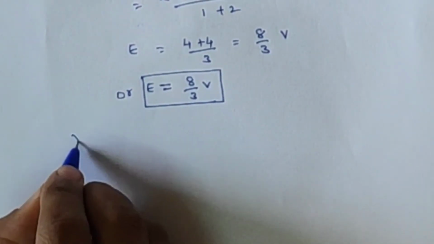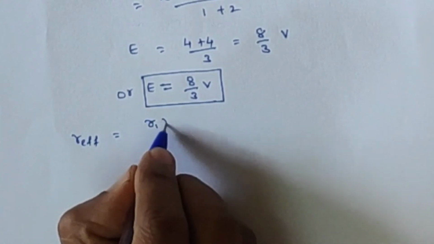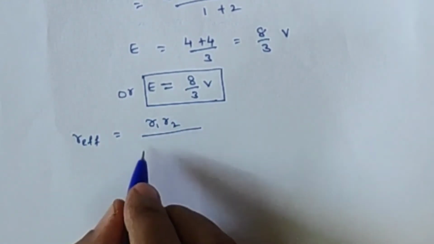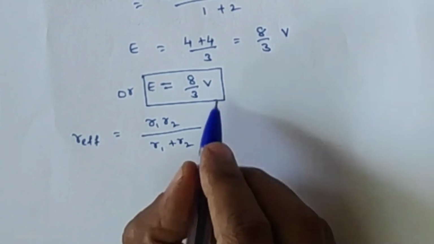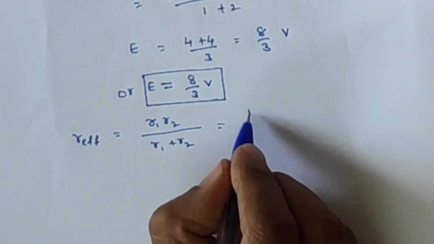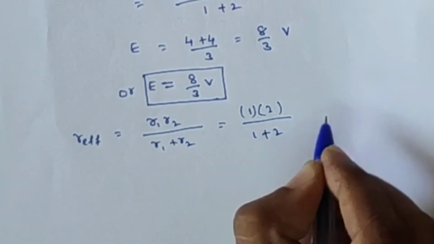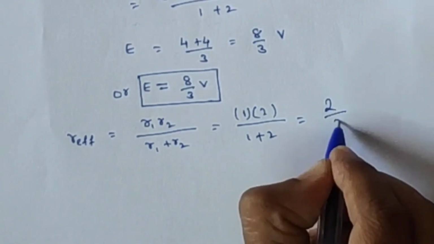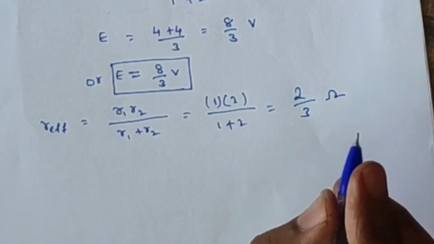So now R effective equal to R1 R2 divided by R1 plus R2. So R1 is 1, R2 is 2, divided by 1 plus 2. This is 2 divided by 3 ohm.